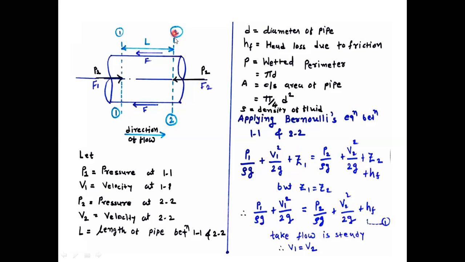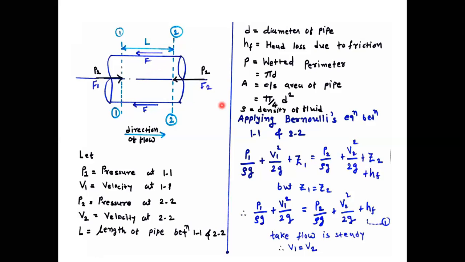At cross-section 2-2, the total energy is pressure energy plus velocity energy plus potential energy plus Hf, meaning head loss between cross-section 1-1 and cross-section 2-2 by the fluid because of the friction between the periphery of this pipe and fluid.